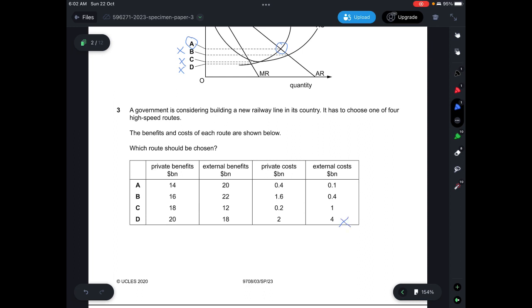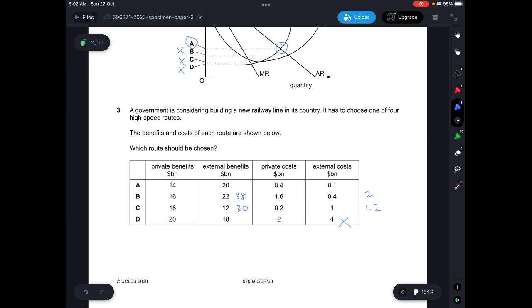So D is incorrect. And then if we look at C, if you combine both the private cost and external cost, our social cost would be 1.2 billion. And the private benefits would be 18 plus 12, we get 30 billion. And then if you look at B, the total social benefit you get will be 38 billion, and the private cost and external cost combined together is 2 billion.